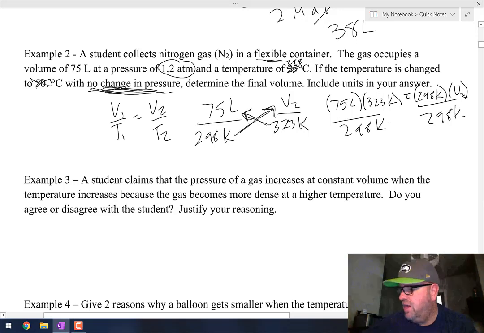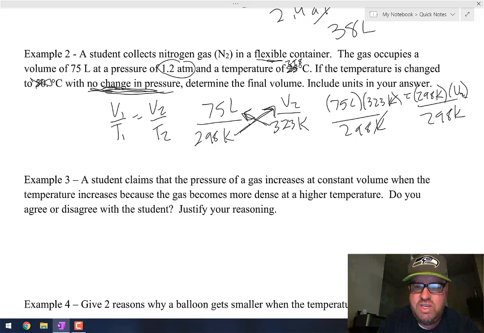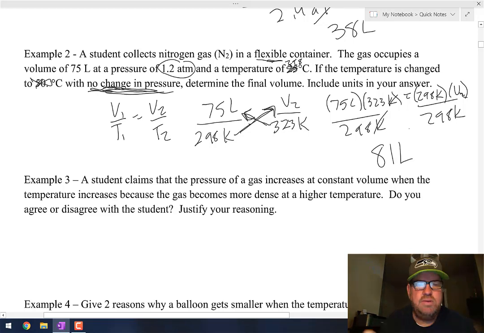Okay, and then I get my answer, which will be in liters because the Kelvins are both going to cancel. So 75 times 323 divided by 298 should be a little bit bigger than 75, which it is. Two significant figures in 75, so that is 81 liters.